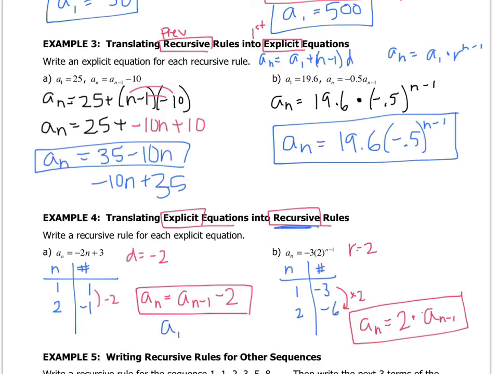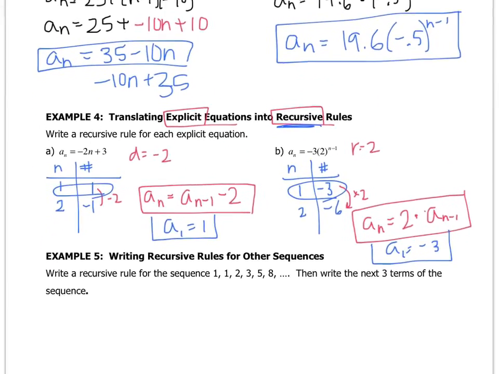So I'll say that the first term here, in this case, was 1. And here, my first term was negative 3. So you always have to add those when you're dealing with recursive formulas. It doesn't hurt anything if you write it with an explicit, but it's necessary for a recursive.